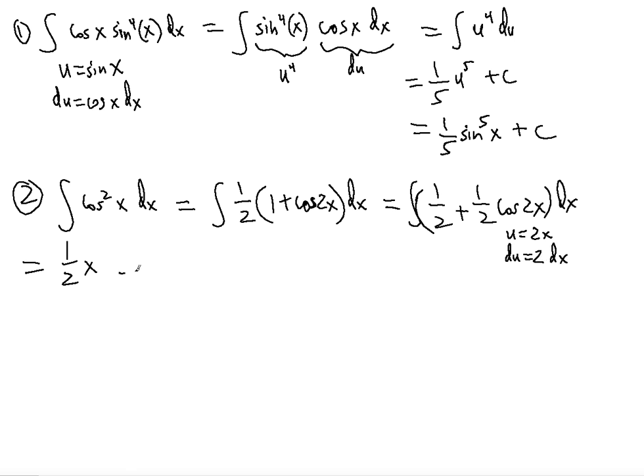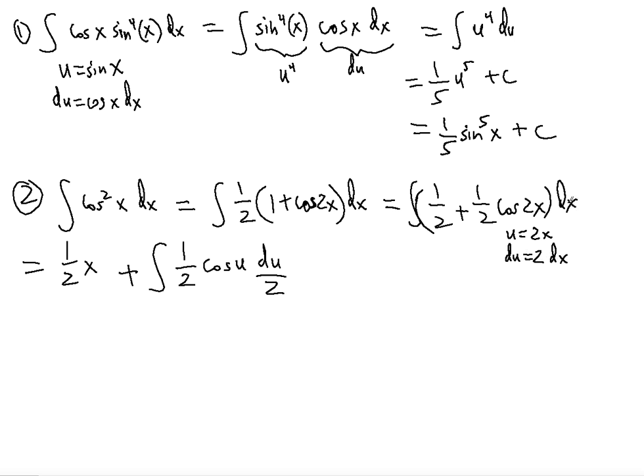So you can write it as 1/2 cosine u du. But since du is 2 dx, that means dx is going to be du over 2, right? So we have to have a 1/2 added there as well. We have to divide by 2 because dx is equal to du over 2.